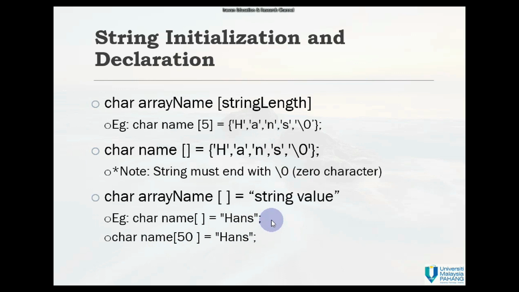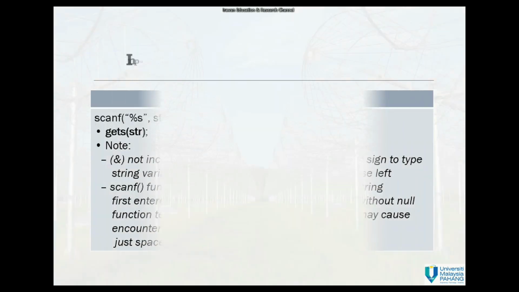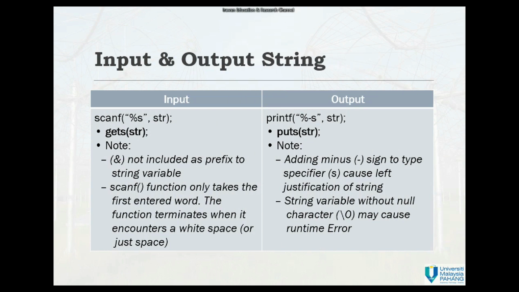Okay, so I think it's better for us to go straight to the example, so it's easy for you to understand how to program this code by using the specific functions in the string array. Before that, I would like to introduce the specific functions for the array.